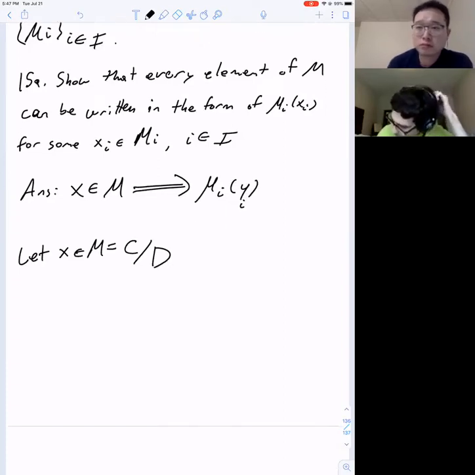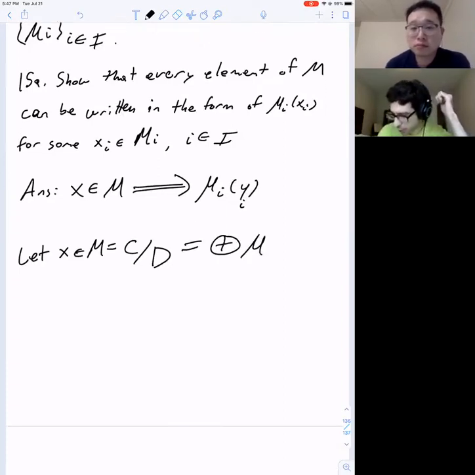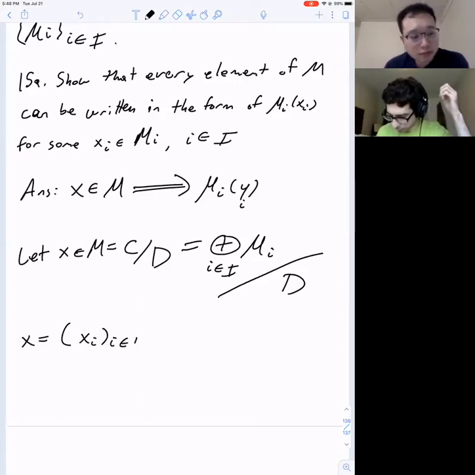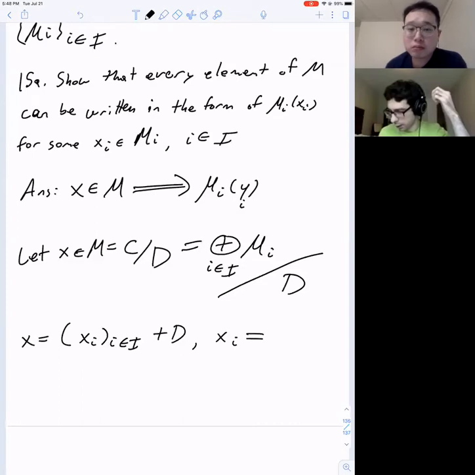So C, remember, is the direct sum mod D. So actually, x is the same thing as a tuple of xi, where xi is in Mi and xi is non-zero.